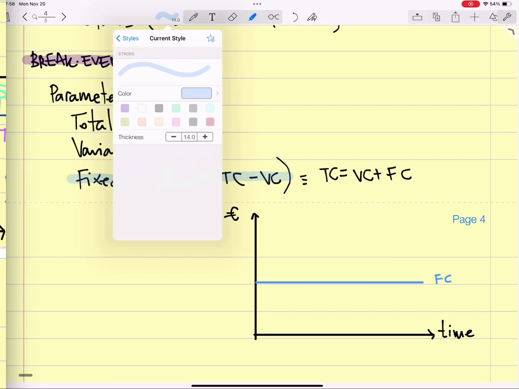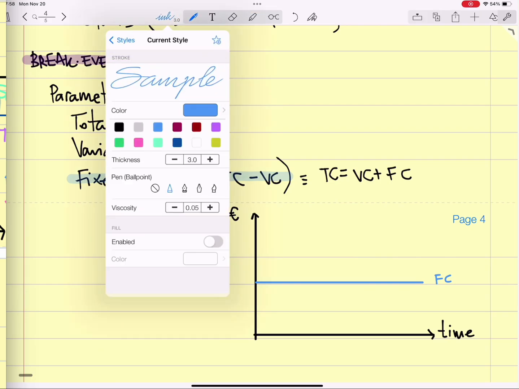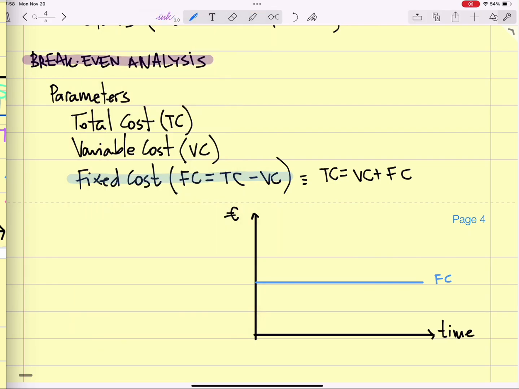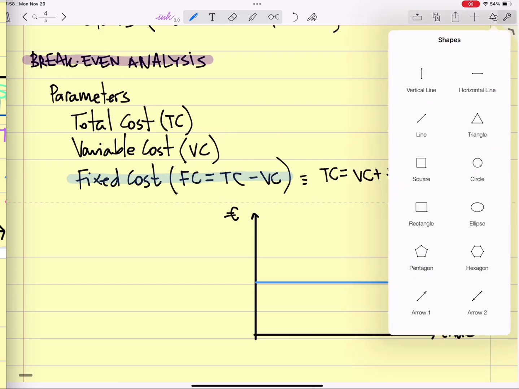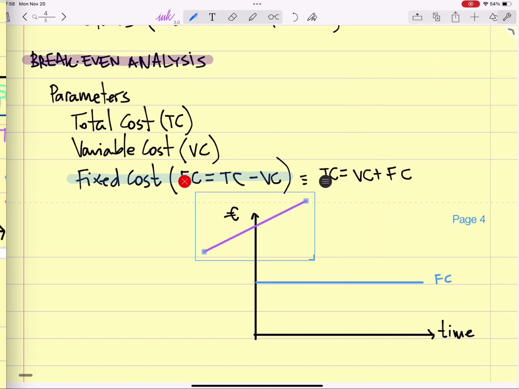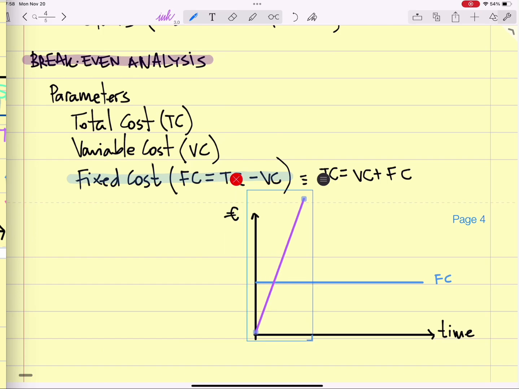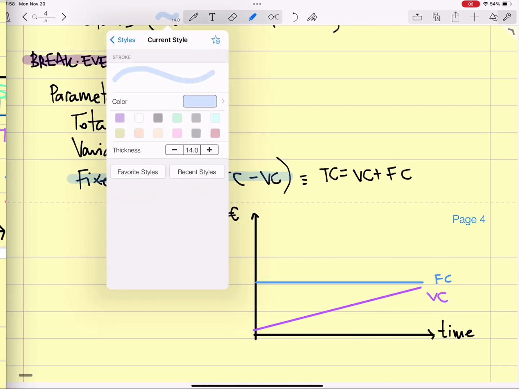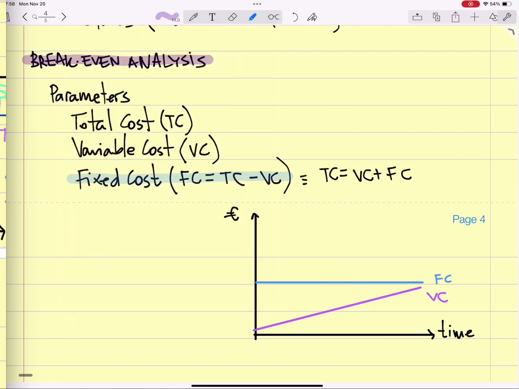Then we have the variable cost, which is going to be variable. So just a line. So we have this variable cost right there, just like that.